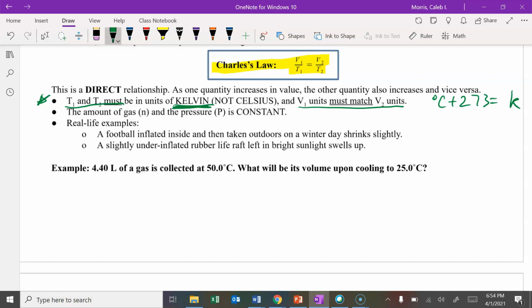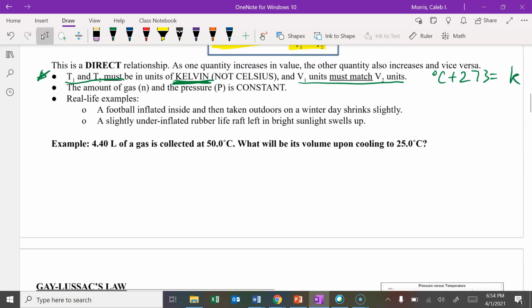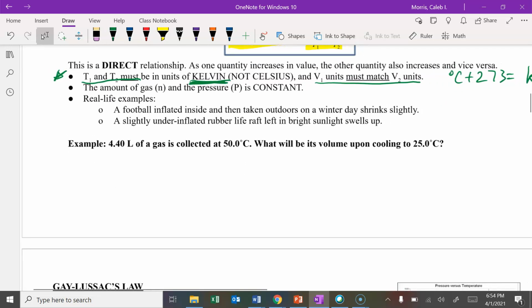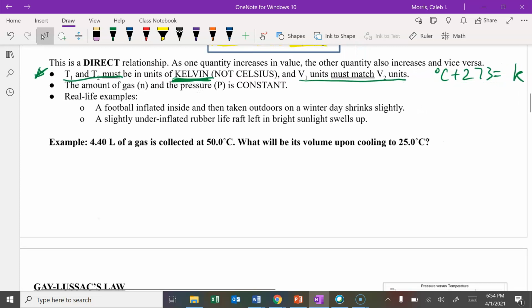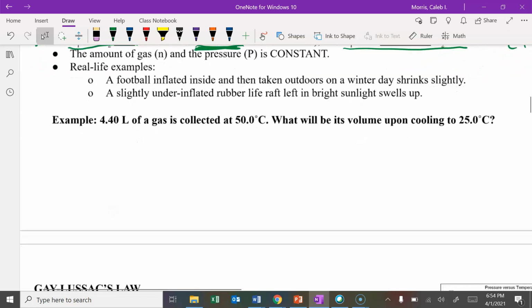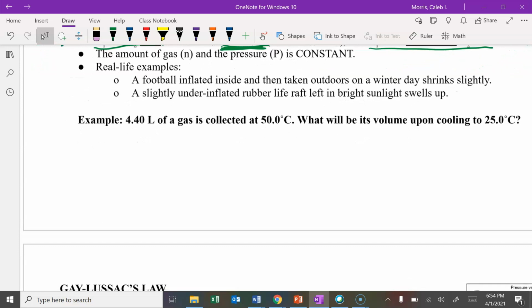And the reason is because when you take a life raft outside in the sunlight where it's nice and warm, it'll swell a little bit. And you don't want your life raft to pop. Okay, let's do an example of Charles' law, and then we're going to break between pages. Make another video after that.